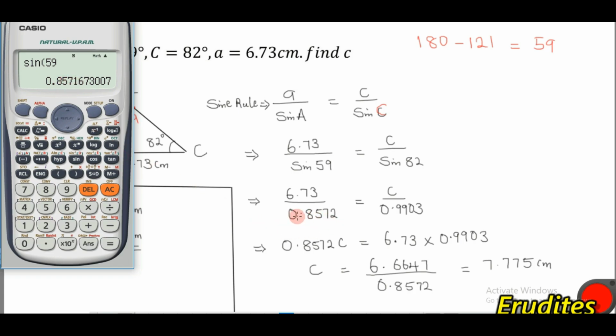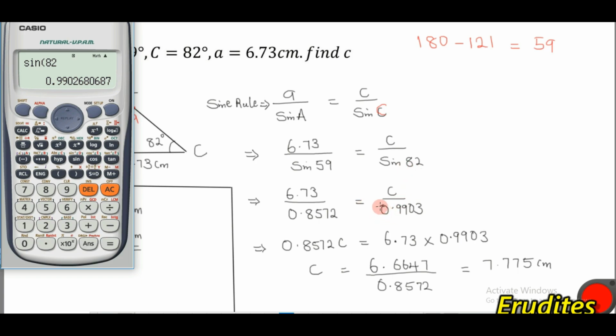And this is what I have here, 0.572 is equal to c over sine 82. Sine 82 will give me 0.9903. So I'll press that. Sine 82 is equal to 0.99026, so approximately 0.9903. And that is what I have here. That's my sine 82.